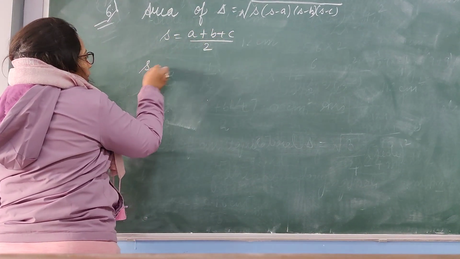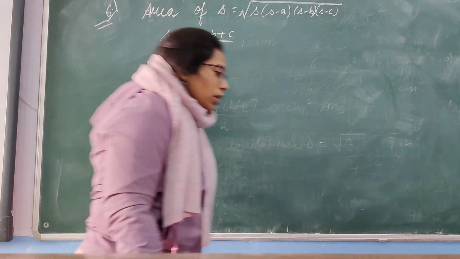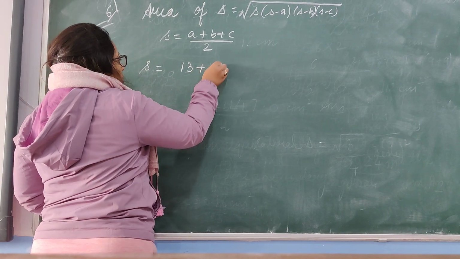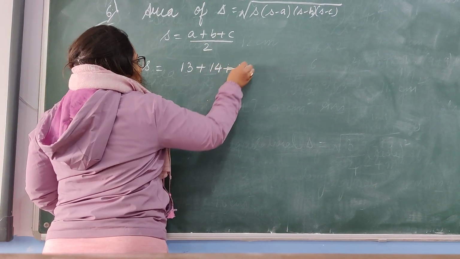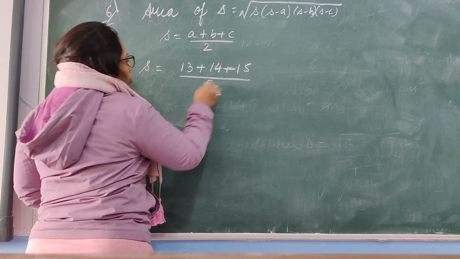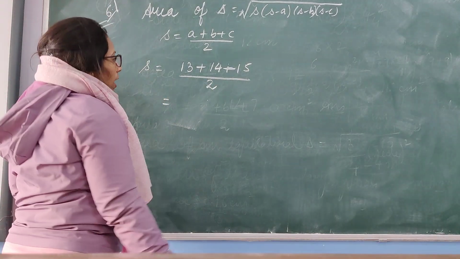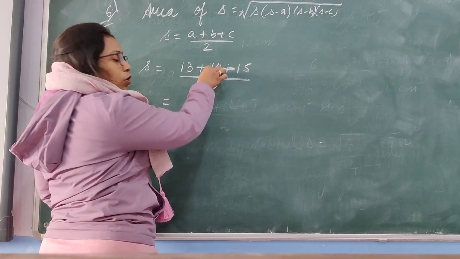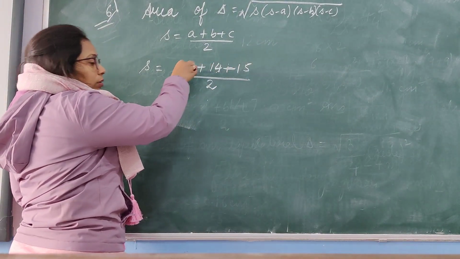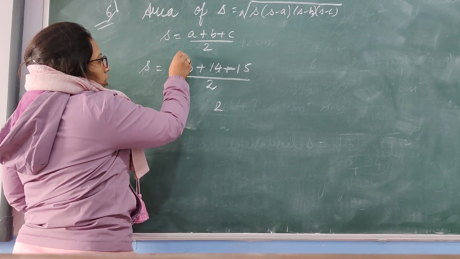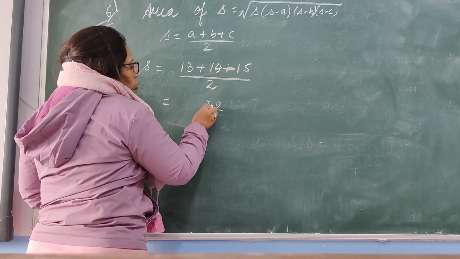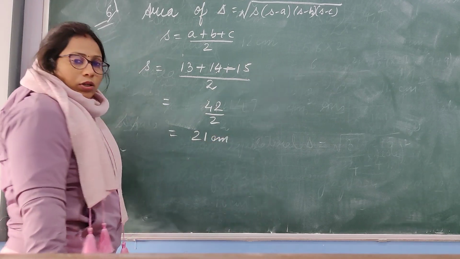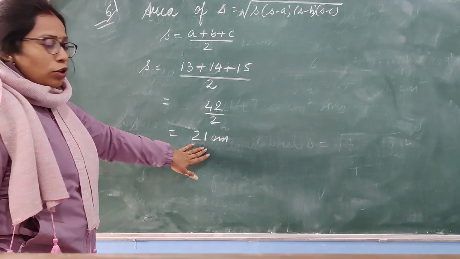So let's first calculate S. The sides are 13, 14 and 15, so 13 plus 14 plus 15 upon 2. Let's add this up: 5 plus 4, 9, and 9 plus 3, 12, carry 1; 2, 3, 4. 42 by 2, that is 21 centimeter. This is the value of S.